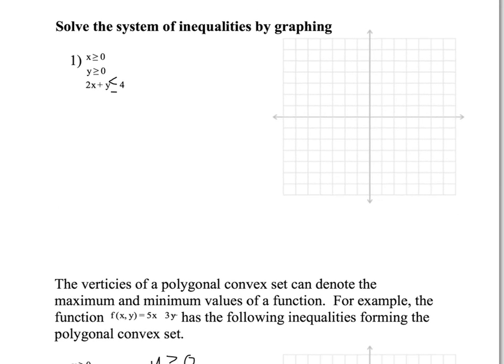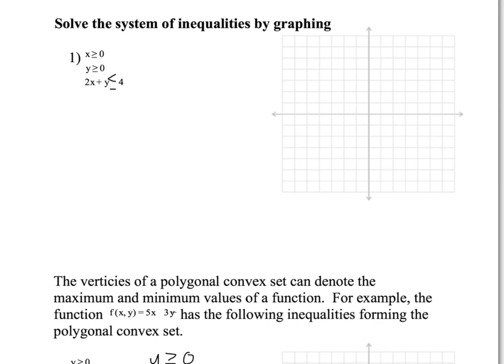So this first example says we want to solve the system by graphing. So we're going to take these three inequalities and graph them on one plane and see where their shaded regions overlap. The first one, x is greater than or equal to 0. So I am looking for x values that are all greater than or equal to 0.